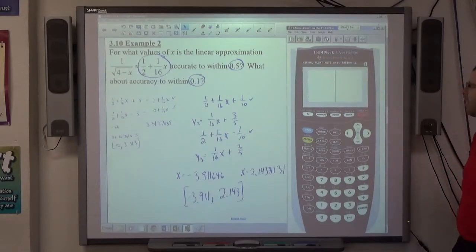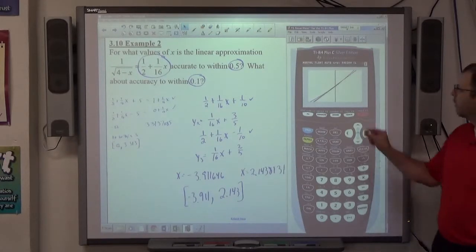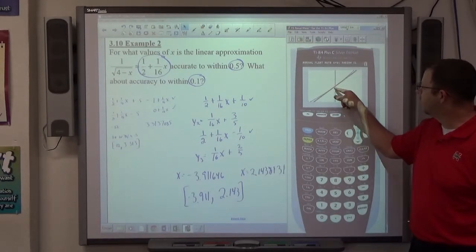If you don't zoom in a lot, you won't see these. There's the answer, the exact answer. There's my overestimate. And there's my underestimate. And it's really, really tiny there, right? So you can't even see that.